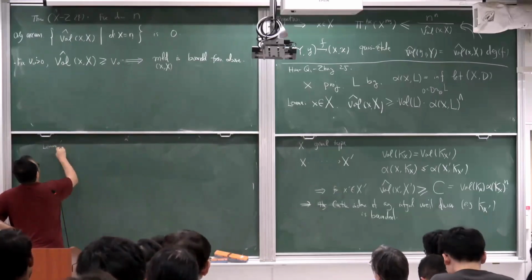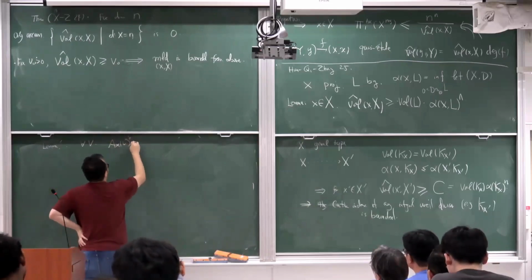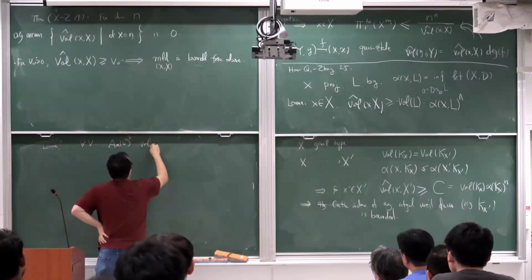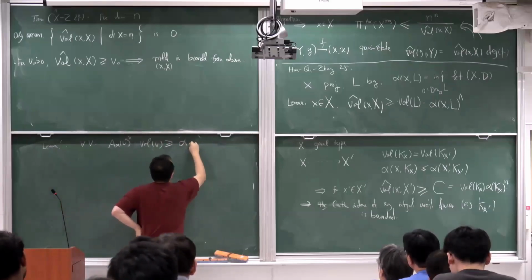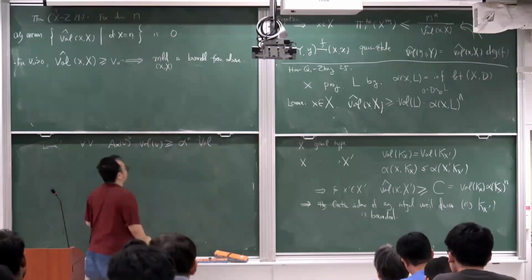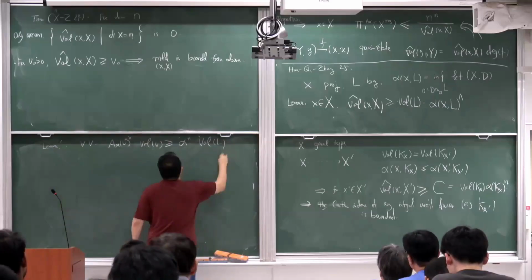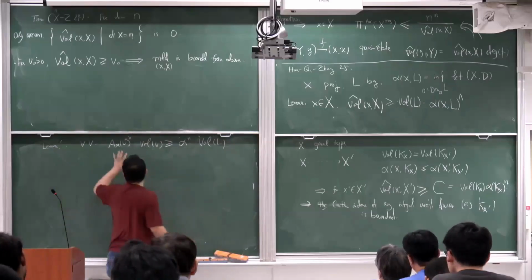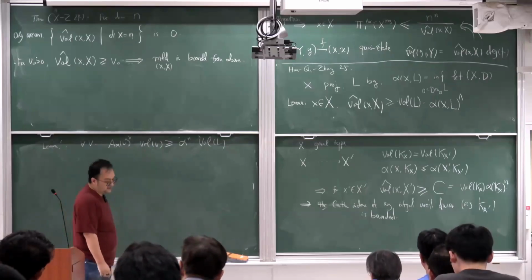that for any V, A_X(V)^n times the volume of V is larger than alpha^n times the volume of L. Because this is for any V, we can rescale it.